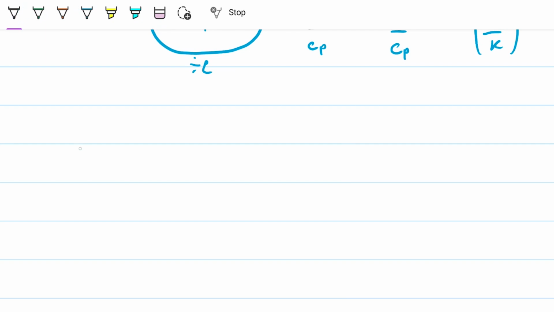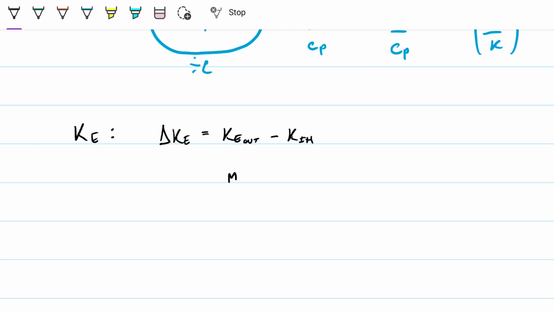In black now. So we have, what is the delta of the kinetic energy? It will be the kinetic energy out minus the kinetic energy in.